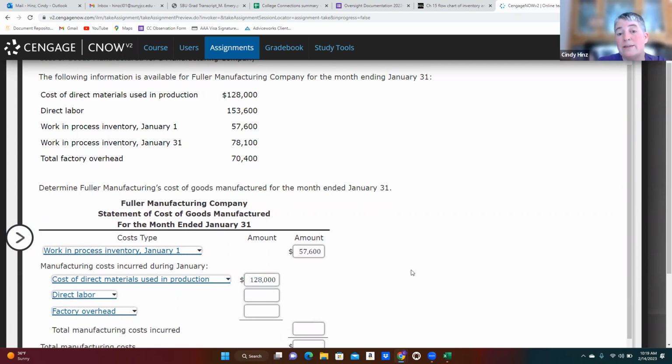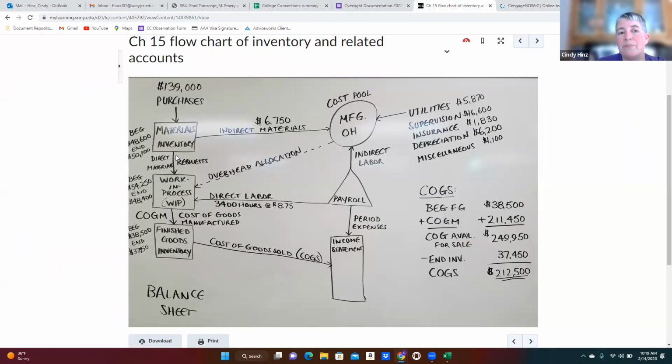Now we could be asked in a more complex problem to calculate that cost of direct materials. And so going back to our flow chart, we'd be looking at the same kind of analysis for this materials inventory. What did we start with? What did we add to it with our purchases? What did we use? And what do we have left?